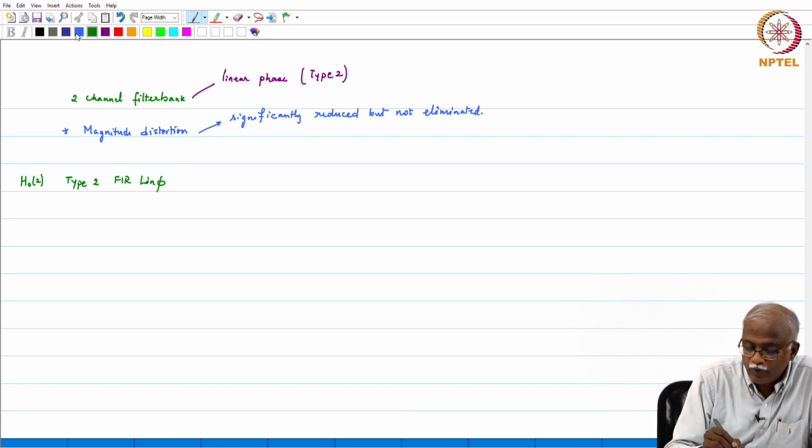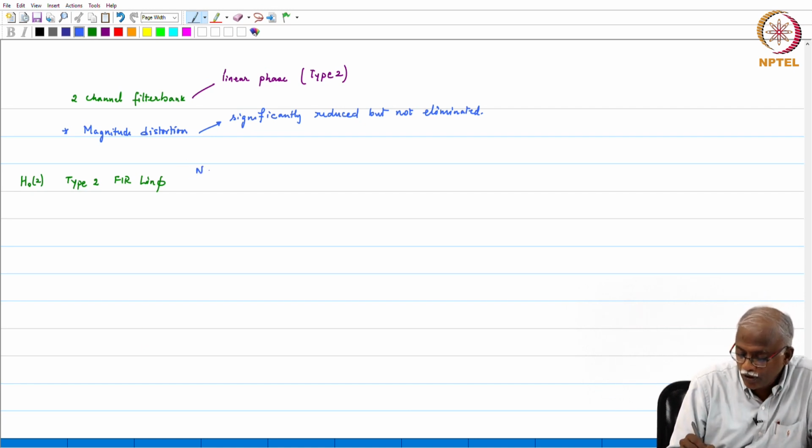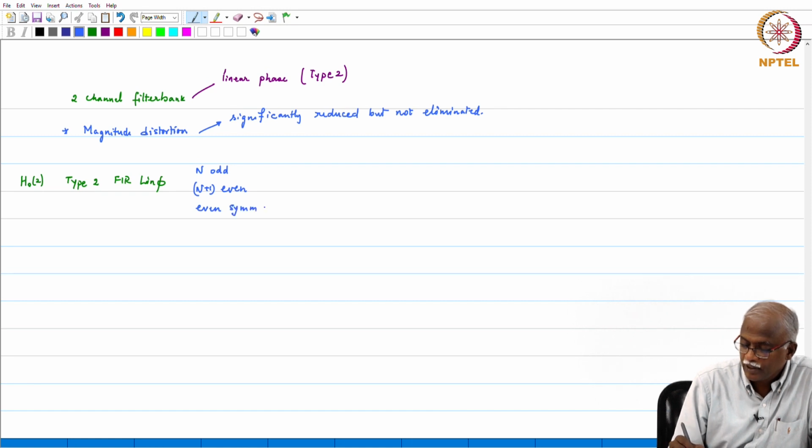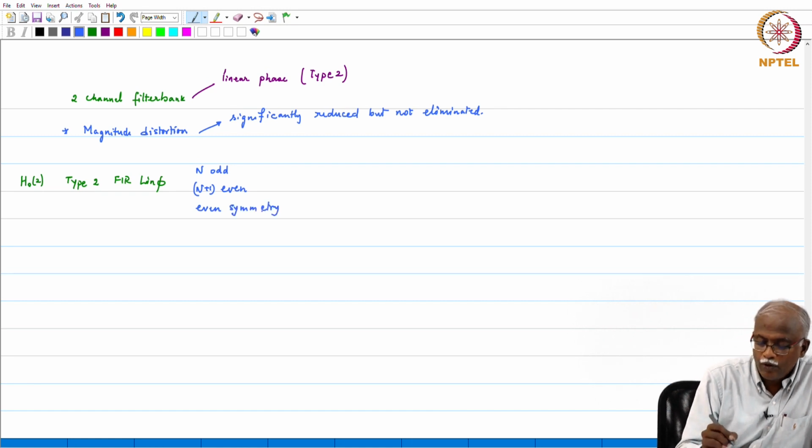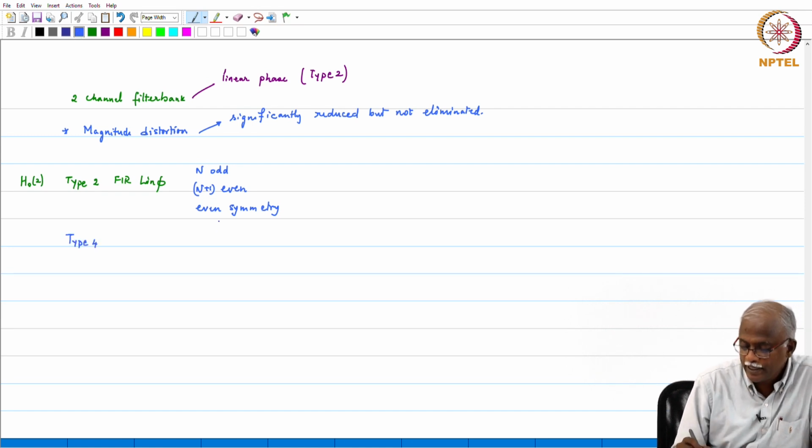Okay, now type 2 we know has got odd order, n is odd, the number of taps is even, and it has got even symmetry. Okay, now there is a type 4 FIR linear phase which has got n odd, which has got n plus 1 even, and it has got odd symmetry.